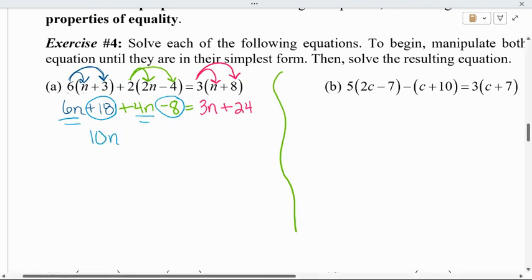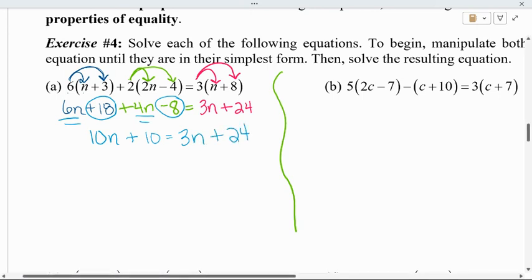And a positive 18 and a negative 8? 18 minus 8 is 10, good job. A positive 18 and a negative 8, so it's going to be a positive 10. Equals 3n plus 24.